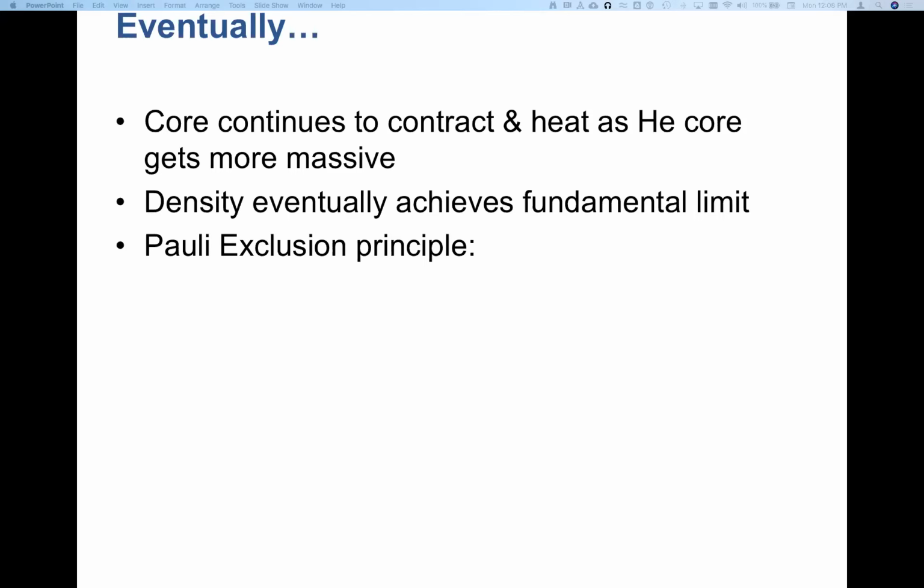Basically, if you have a box and you try to put a whole bunch of these fermions in that box and squeeze them close together, they will exert a pressure on themselves that keeps them from going to a higher and higher density state.